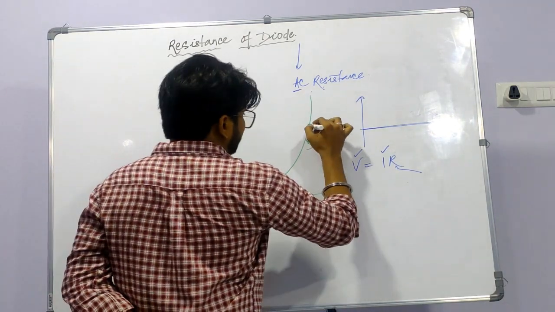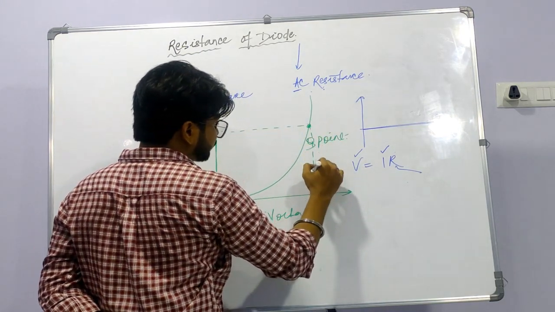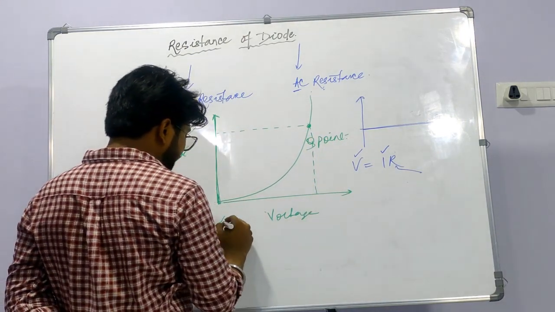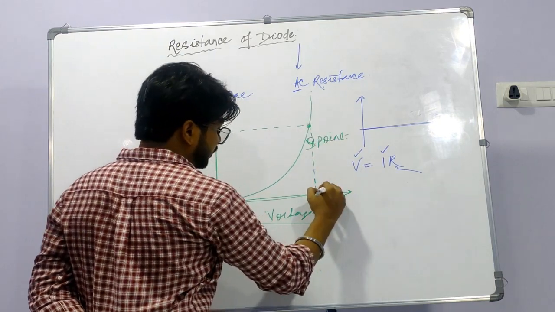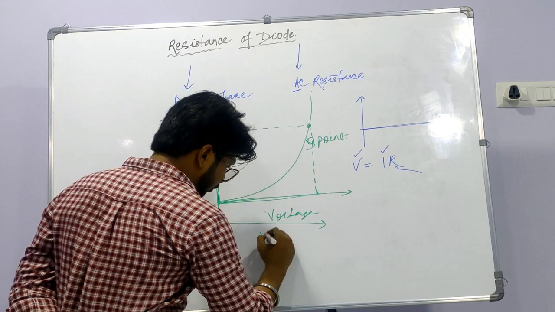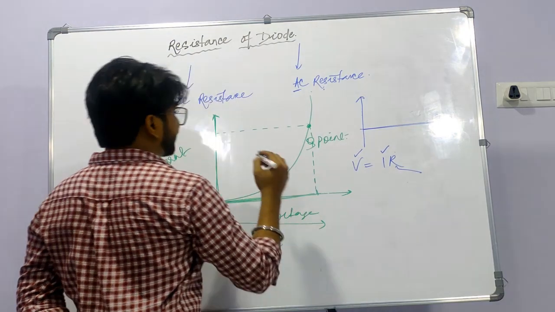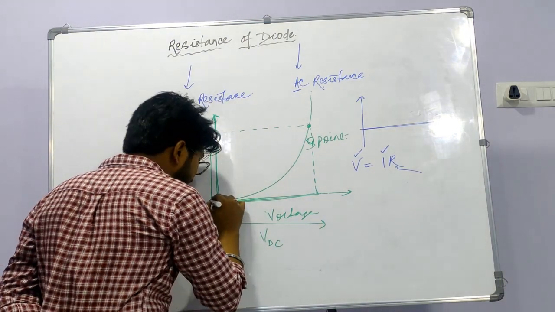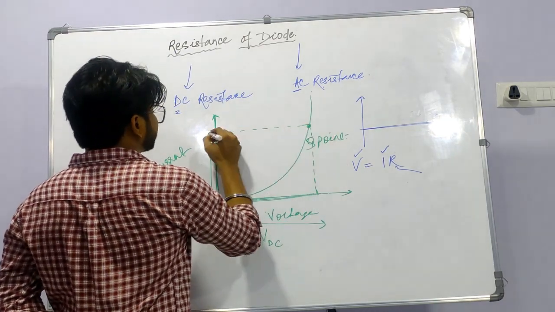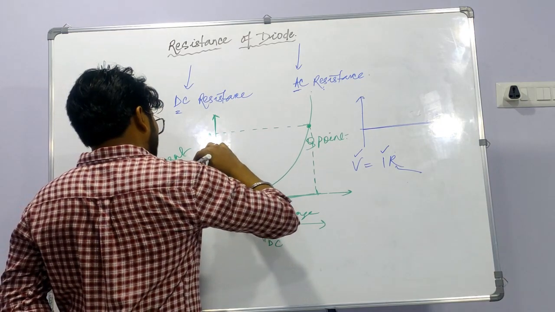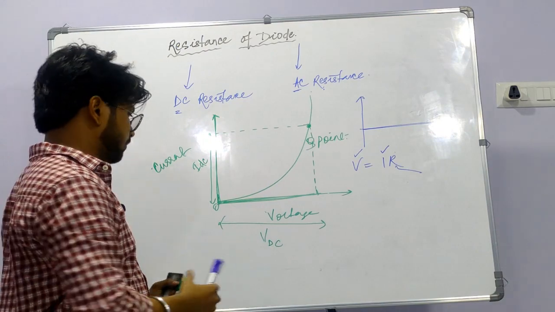From the Q point, if two perpendiculars are drawn to the x and the y axis, the range of voltage from 0 to the point where the perpendicular is dropped is called the VDC, or the DC voltage across the diode, and the current range from 0 to the point where the perpendicular is dropped is called the IDC, or the DC current through the diode.